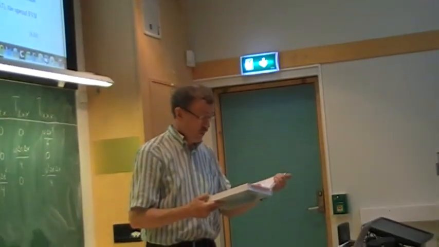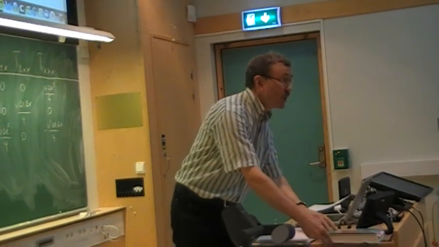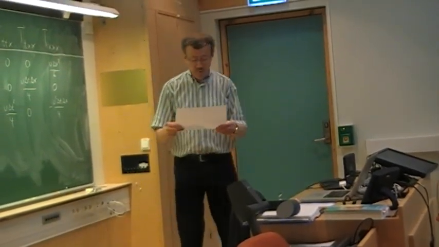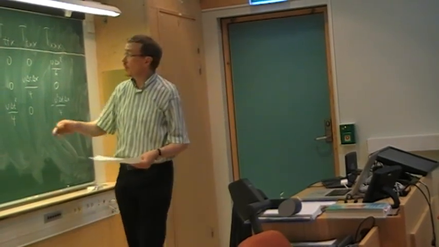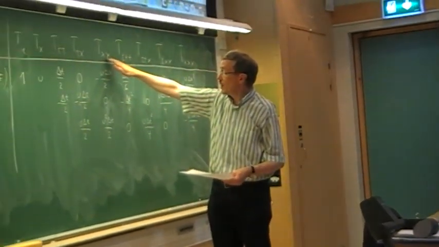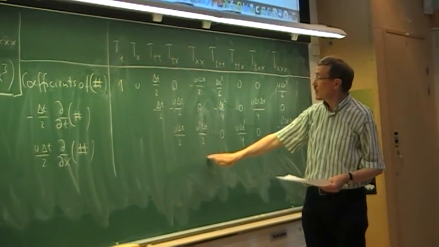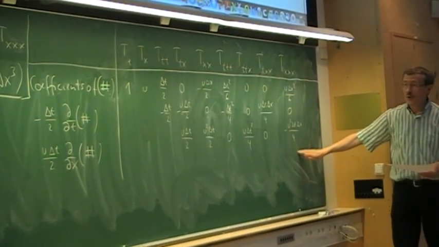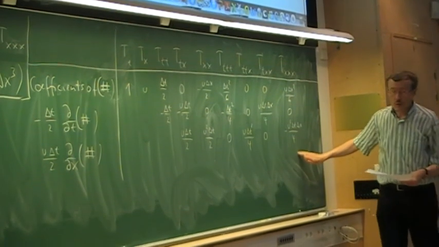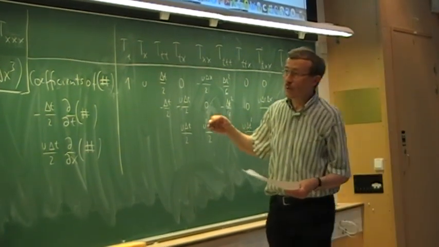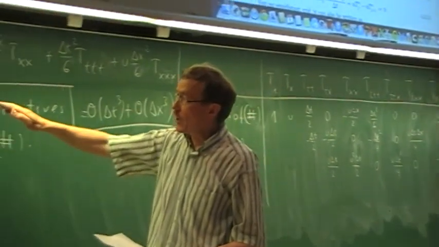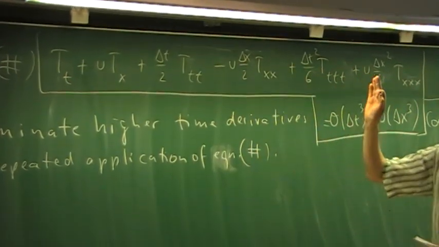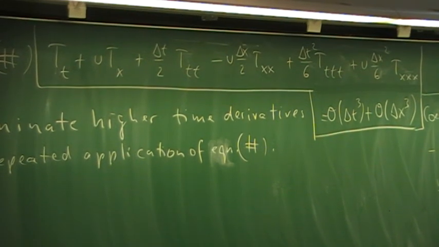It's in the book, and it turns out when we do this in the end that we get a coefficient related to the second derivatives and a coefficient related to the third derivative. So in the end we will see we are not solving the linear advection equation, but an equation that has second and third space derivatives.